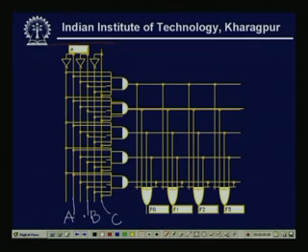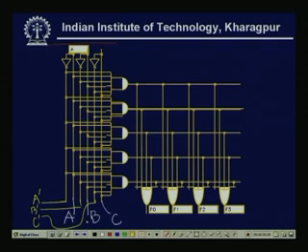So these are A bar, B bar and C bar lines. Although there are 3 variables, when implemented in real life we assume that 6 inputs are available, 3 complemented and 3 uncomplemented.